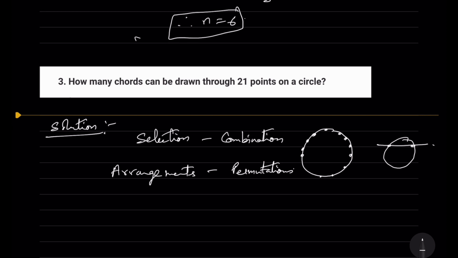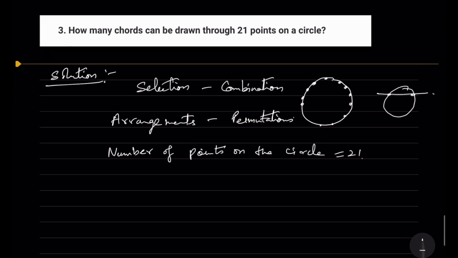So now here we'll use combinations in this case. Number of points on the circle is equal to 21.